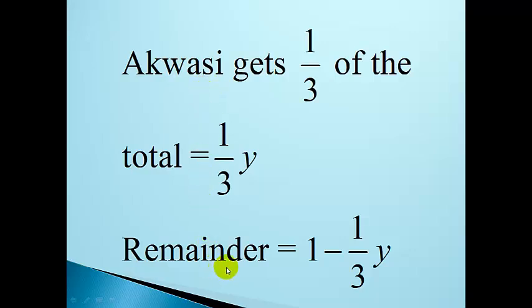Now, the remainder will be equal to 1, that is the total fraction, minus Akwasi's share. And Akwasi's share of the oranges is 1/3 of y. So if you subtract 1/3 of y from the total fraction, that will give us the remainder. So the remainder is equal to 1 minus 1/3 y. Now let's proceed.